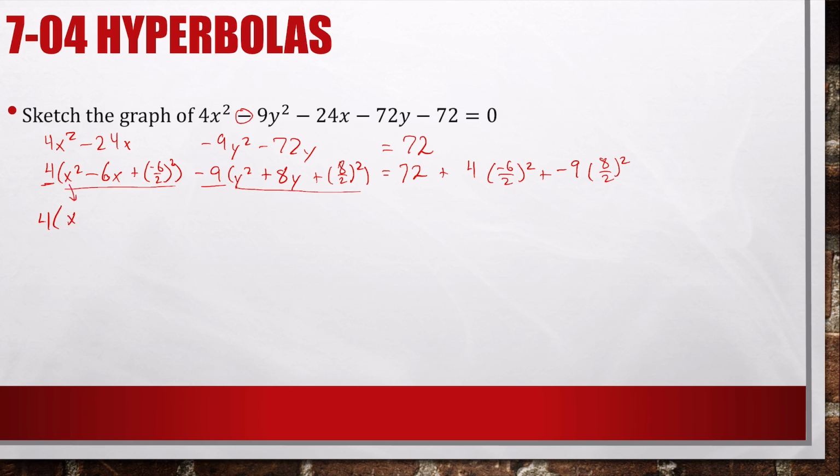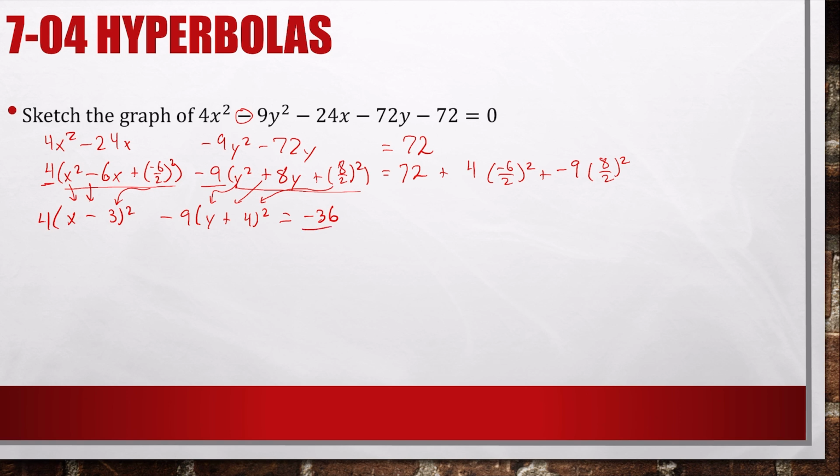We have the x minus 6 over 2 is 3 squared. Then we have the y plus 8 over 2 is 4 squared. On the right-hand side, let's put it in the calculator, get negative 36.